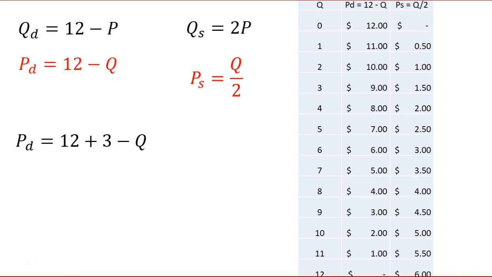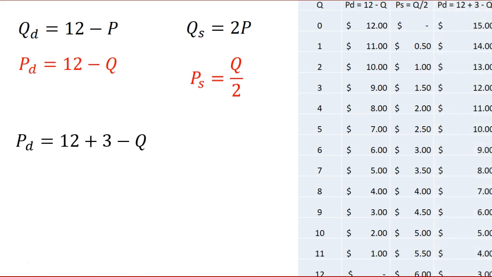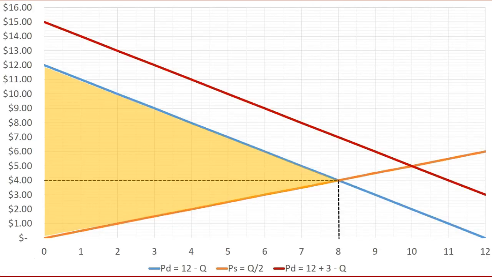So if we then put that equation into our spreadsheet, we would get these prices here. And when we represent it graphically, we can see that it's going to be creating effectively a new demand curve.